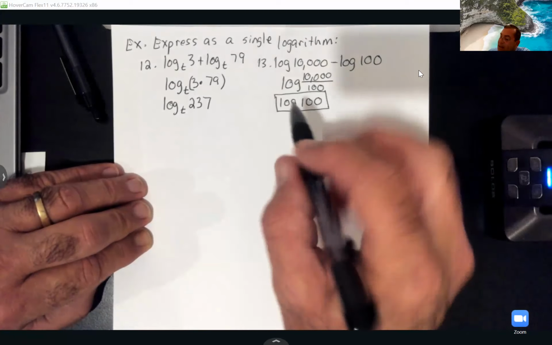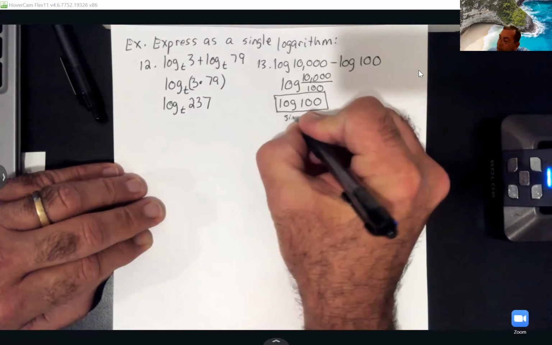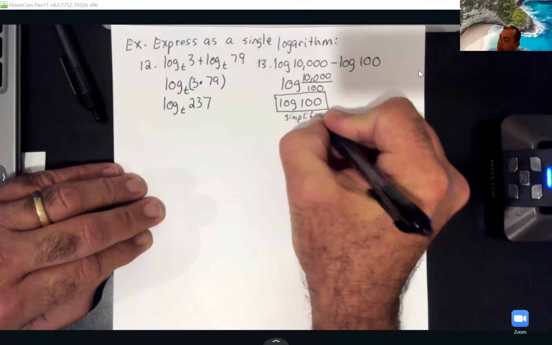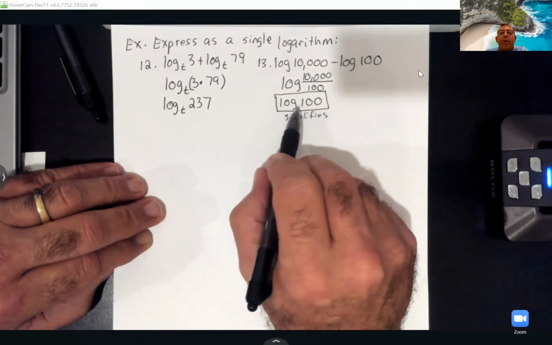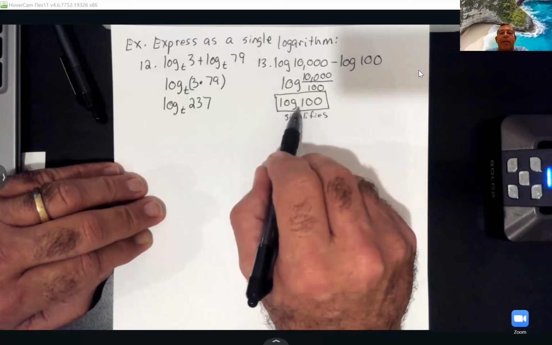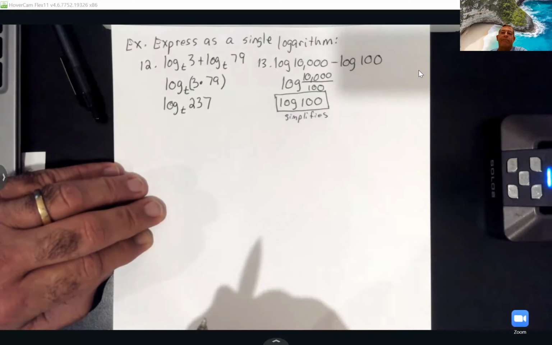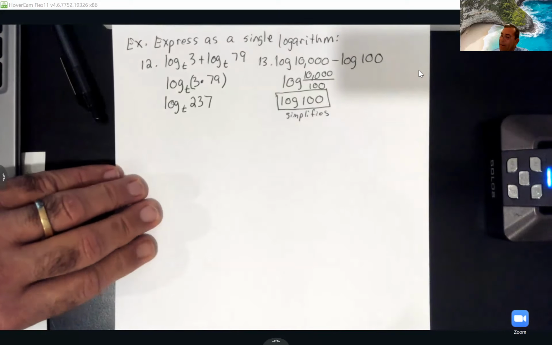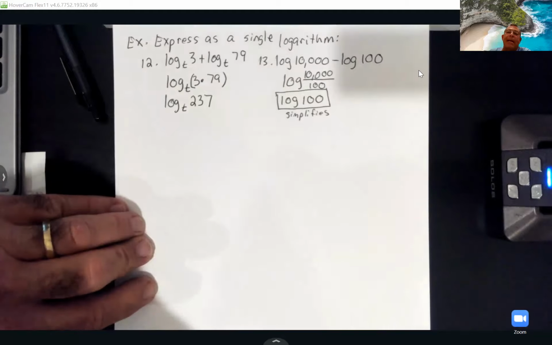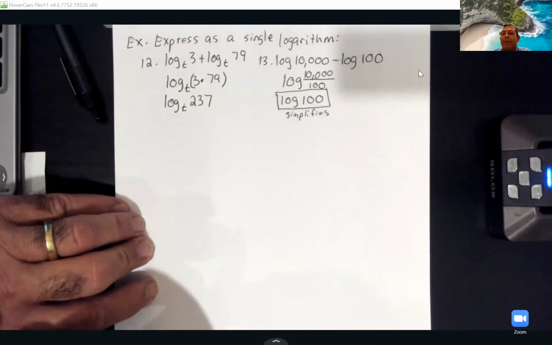This one simplifies further. So that's a log base 10 of 100. What exponent do you raise 10 to make 100? So how many times you multiply 10 times itself to get me 100?